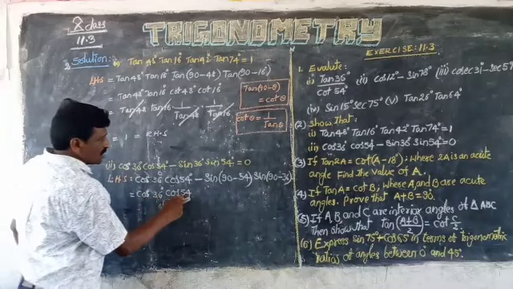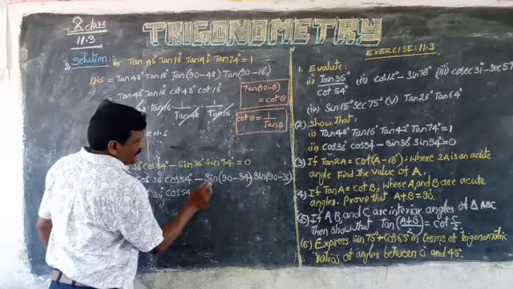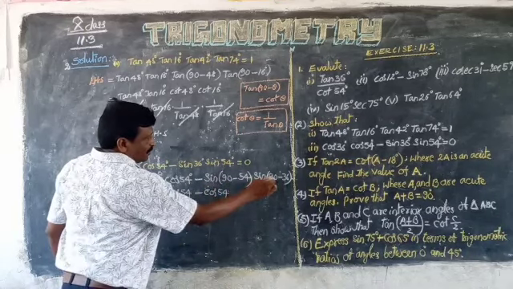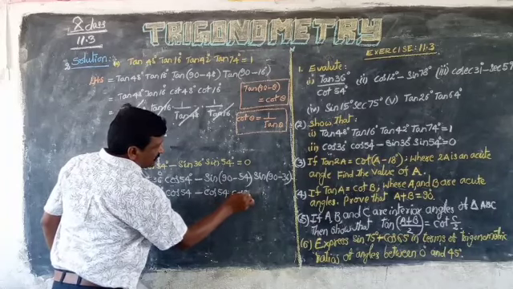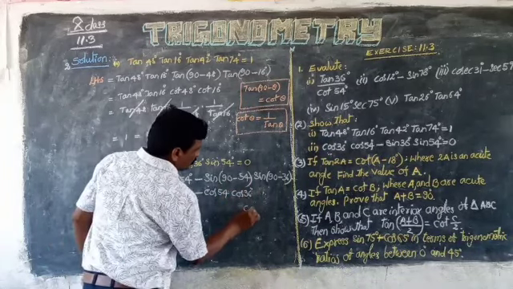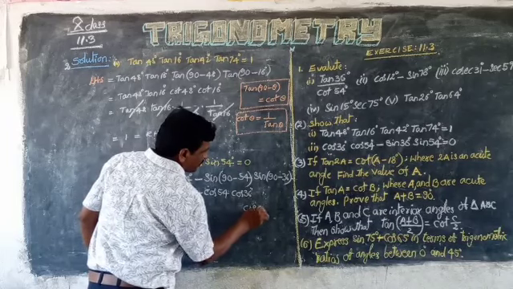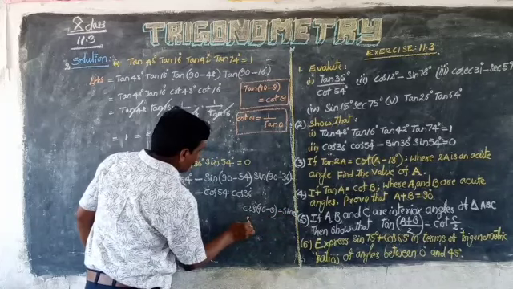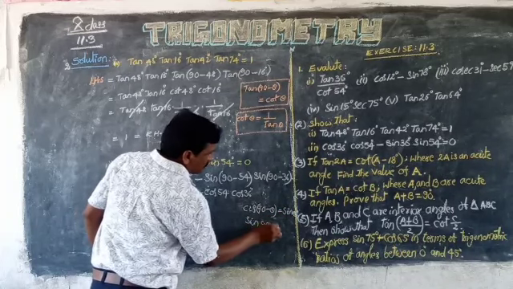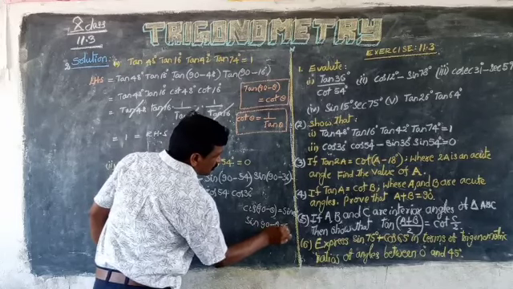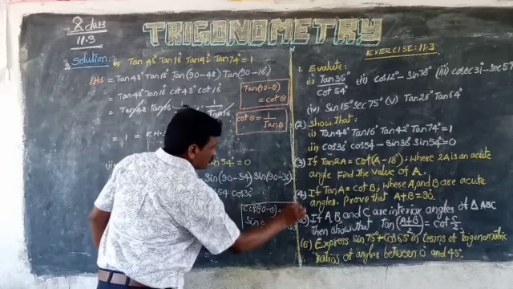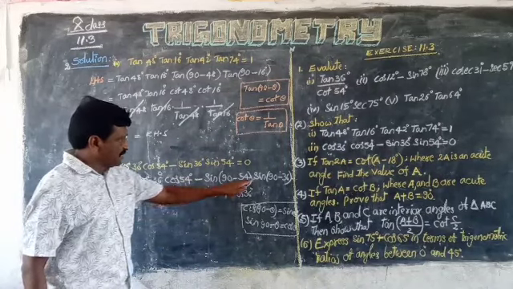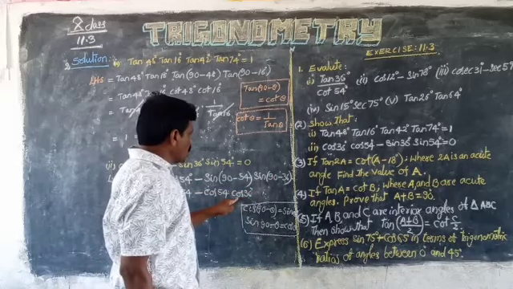So cos 36 cos 54 minus sin(90 minus theta) cos 54, sin(90 minus theta) cos 36. Cos(90 minus theta) is equal to sin theta, and sin(90 minus theta) is equal to cos theta.